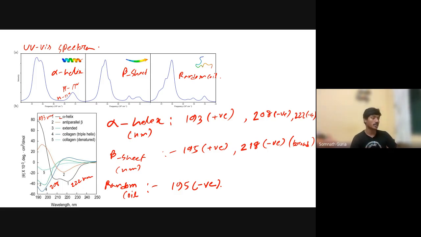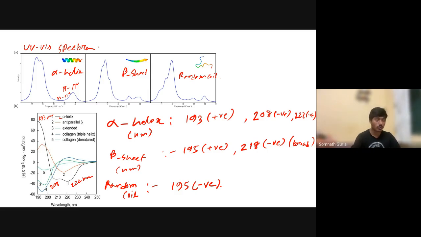Now, the question is why the beta sheet shows only the 218 region in a broad spectra, whereas the alpha helix shows two different shoulders, one at 208 and another at 222 in the negative region.